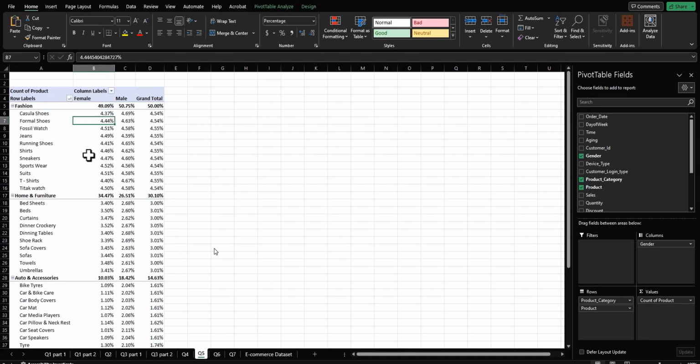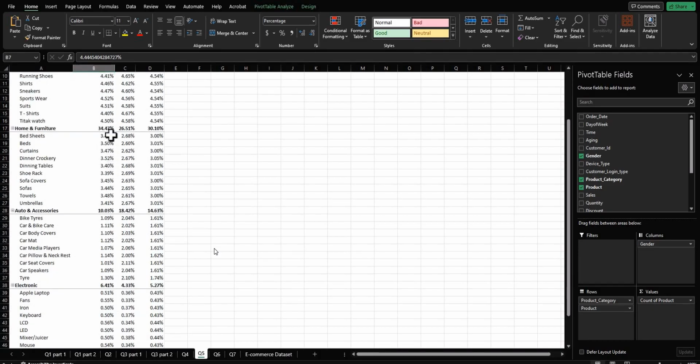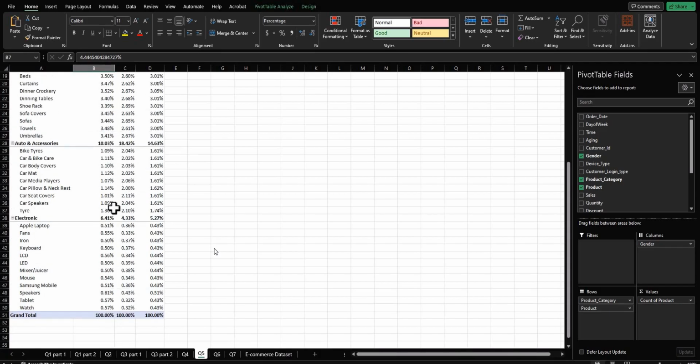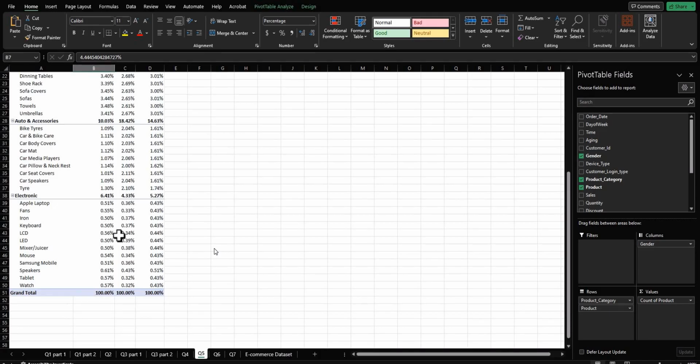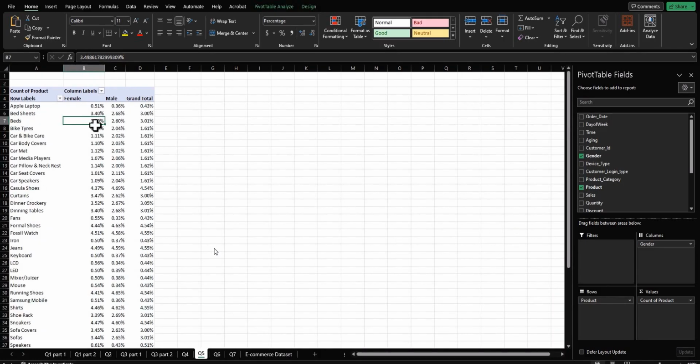So it looks pretty even across the board for these purchases. Slightly more in bed sheets, but then again, slightly more overall. Auto and accessories are slightly higher. No major changes there. All right, let's take off product category for a second and take a look at it.